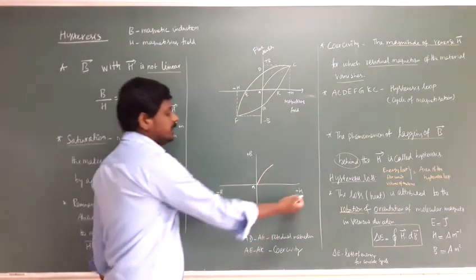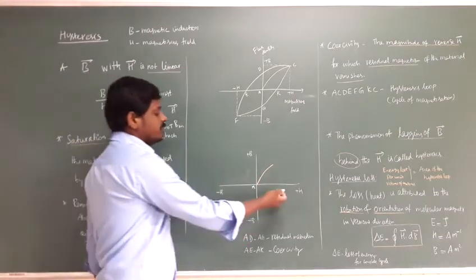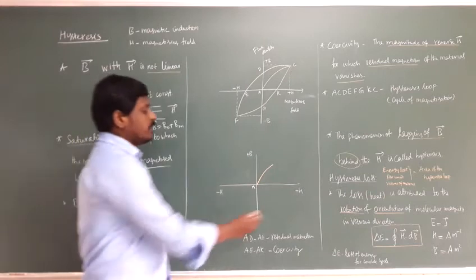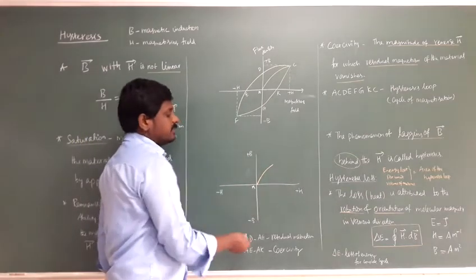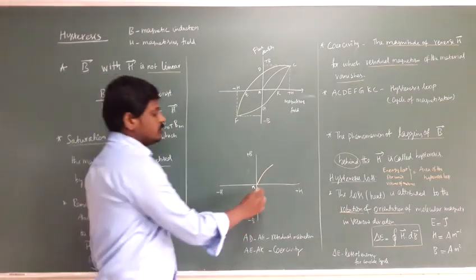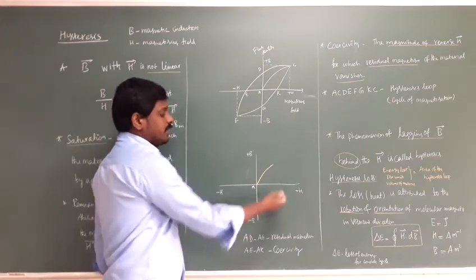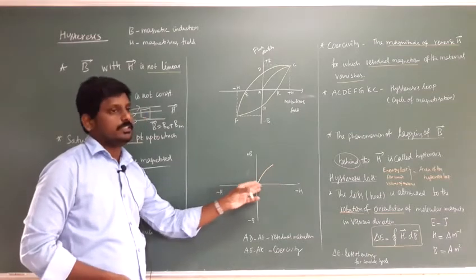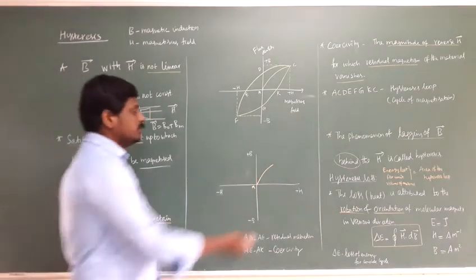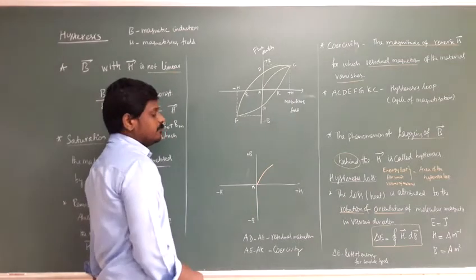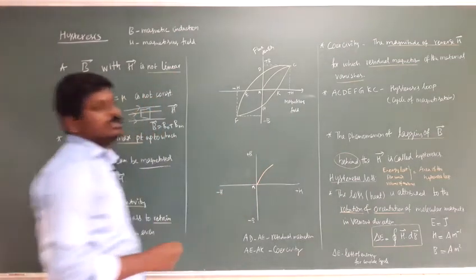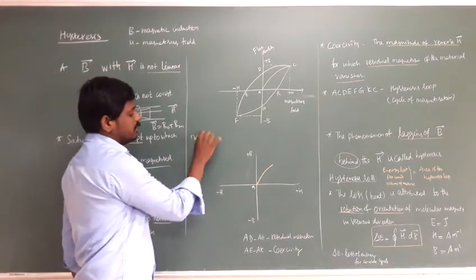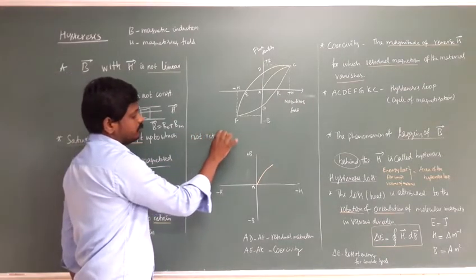Now we are going to decrease the magnetizing field. While increasing the magnetizing field, the magnetic induction increases. Now I am going to decrease the magnetizing field. If it is positive, say 5, I am going to give 4, 3, 2, reducing the magnitude of the magnetizing field, but the magnetic induction doesn't retrace the same path.